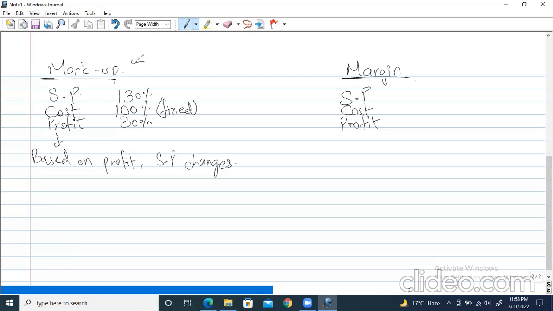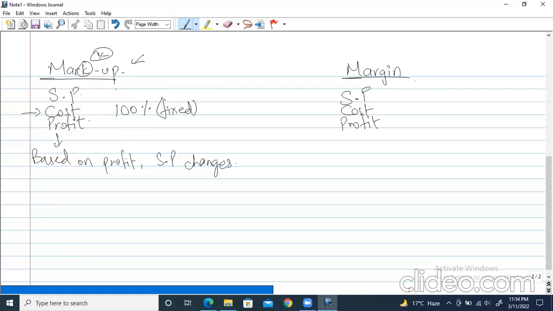You can see that this letter K creates a sound of K over here, right? Like K. So cost also has a K, and markup also has a K in it, right? So you can easily remember it. Whenever you say markup, there is automatically that sound effect. So obviously you know at that point that cost is always 100% in this case. This is an easier way to learn it. This may suit someone, this may not suit someone, right?